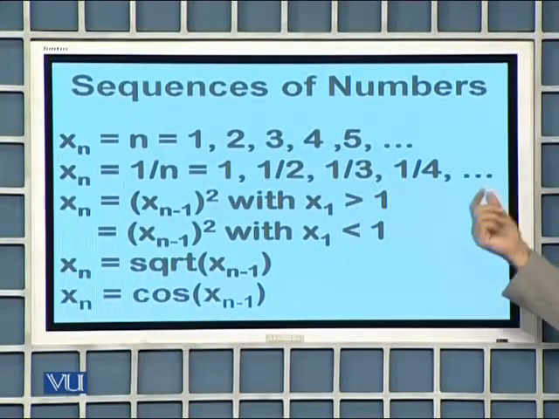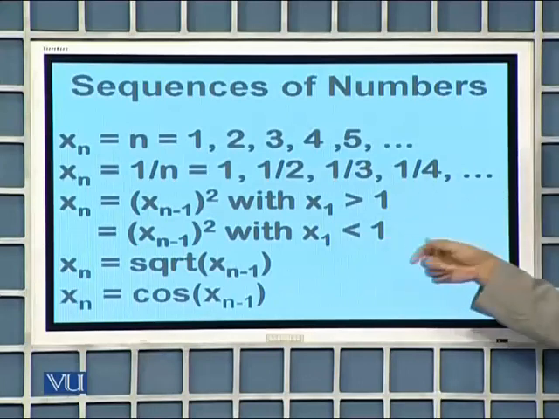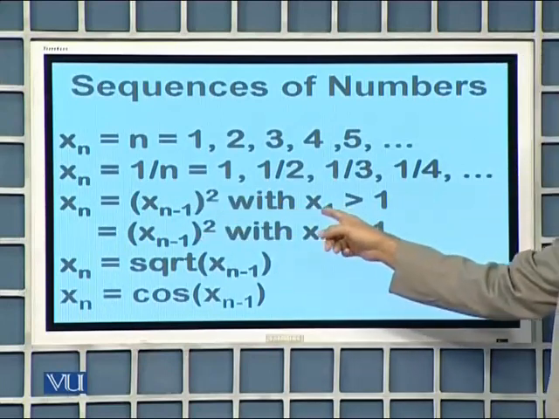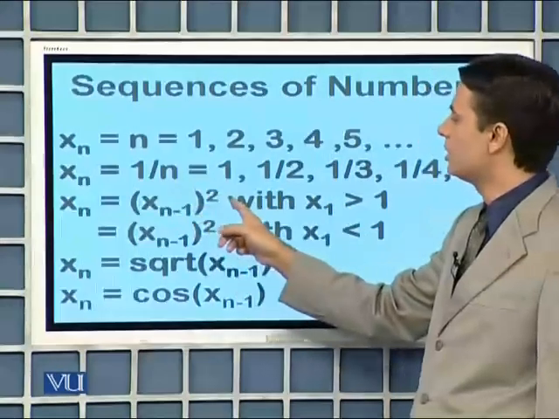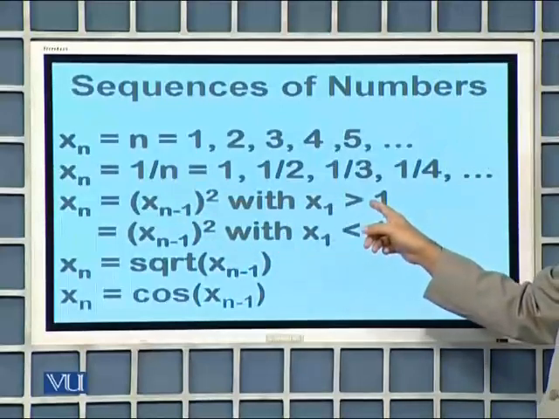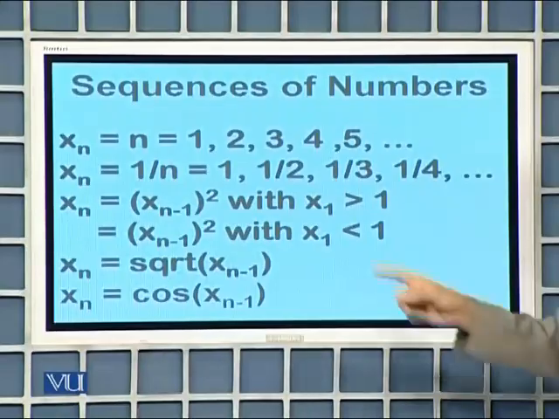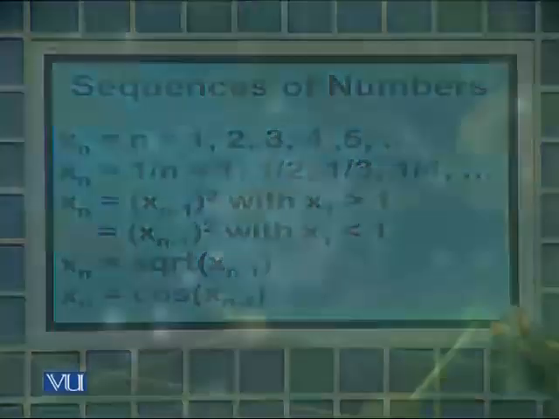Because the starting value is larger than 1, the subsequent values will be even larger. So this sequence with this starting condition and this recursive definition is not converging to a destination value. The values keep on increasing and the sequence goes towards infinity.